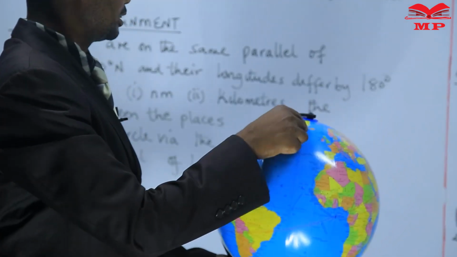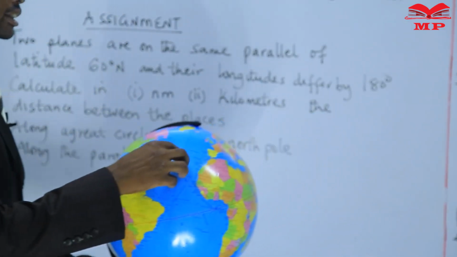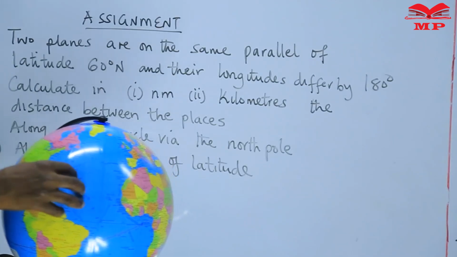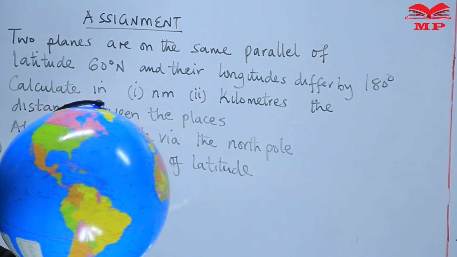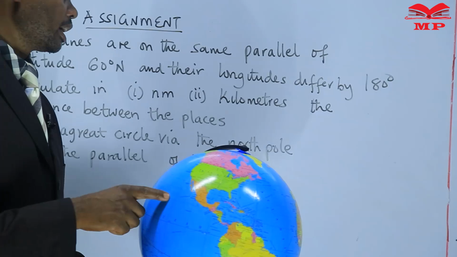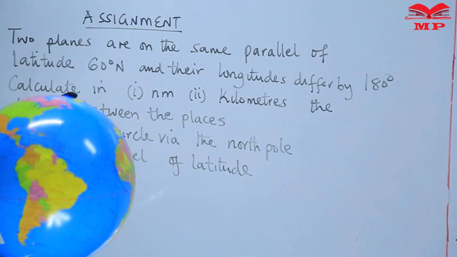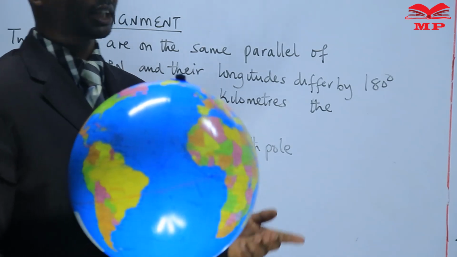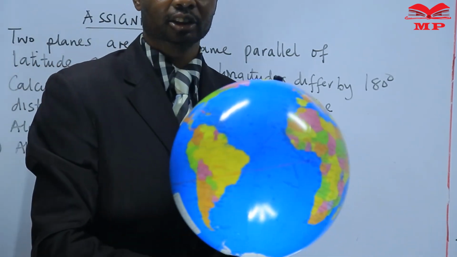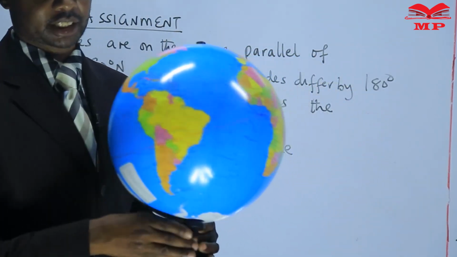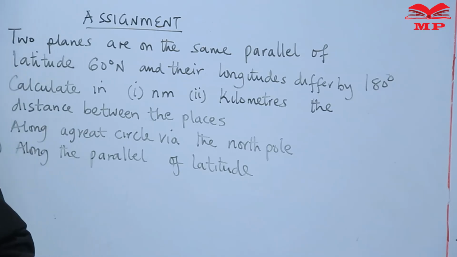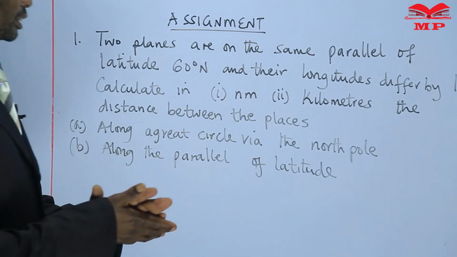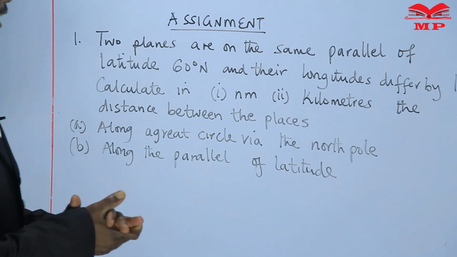When you move along a great circle, you take the difference in latitude and you multiply by 60 nautical miles. And since I had given the relationship between a nautical mile and a kilometer, it is very easy. So it's now very easy to calculate having that information as demonstrated by the classroom globe.